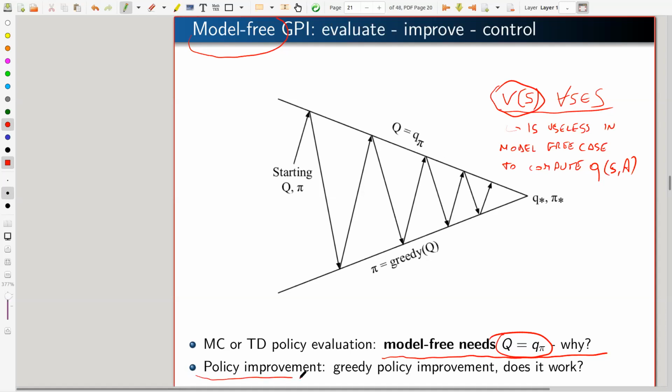So this is the big question. Can you try to tell me if, in your opinion, doing a greedy policy improvement in this model-free setup works? I mean, gives an algorithm, a method that works, meaning that it gives you an approximation of the optimal policy.